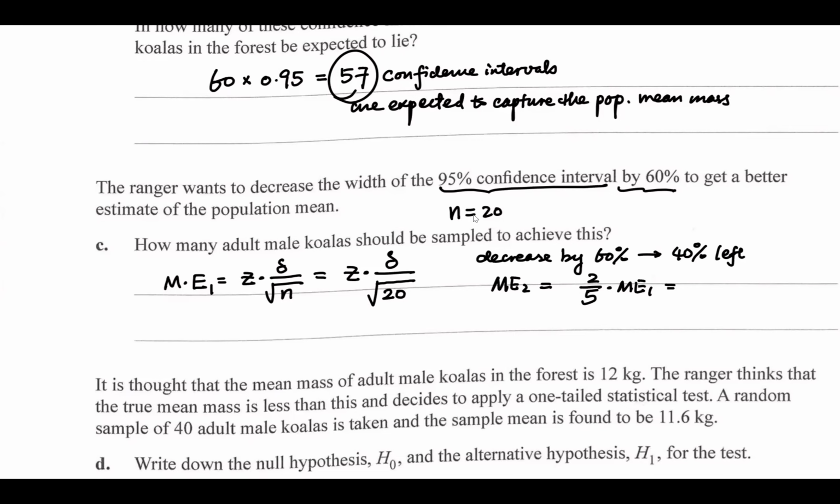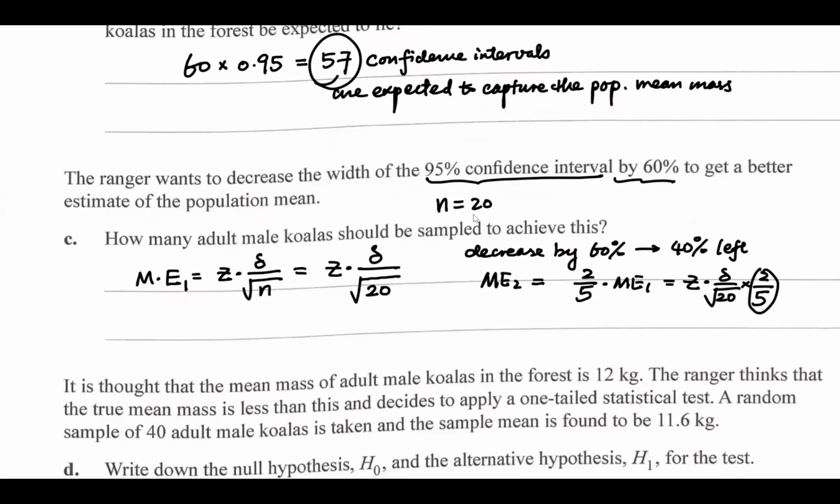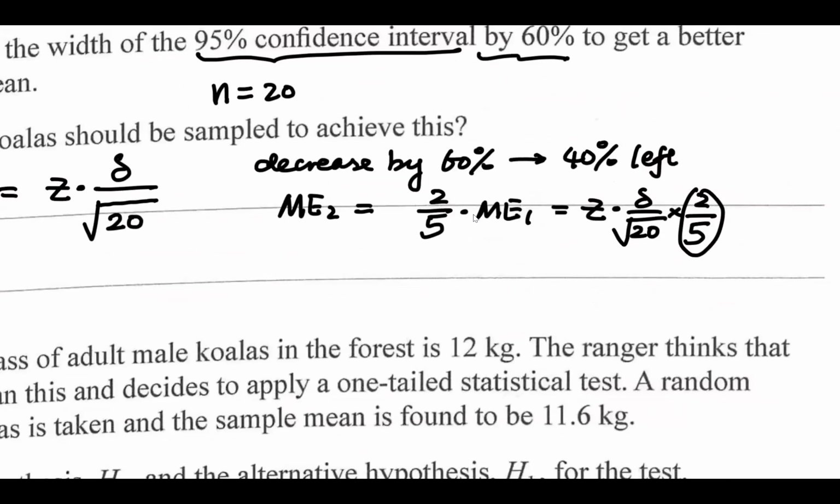So it's going to be Z times sigma divided by root 20 times 2 over 5. So I'm trying to push these 2 over 5 into the square root and see what new number is in the square root. And that will be my new sample size. So I may just write this as Z times sigma divided by root 20 times 1 over 5 over 2.